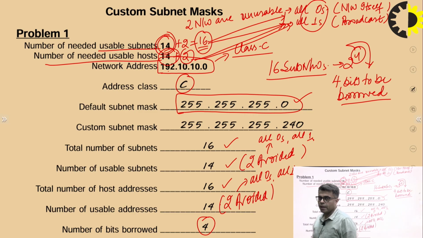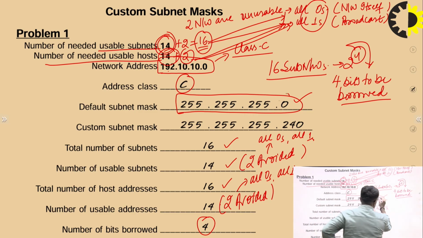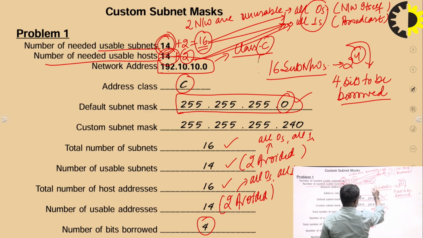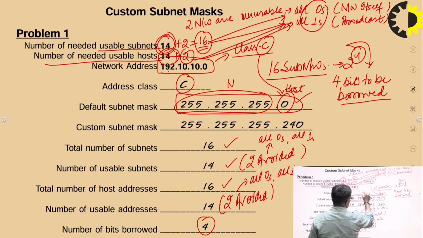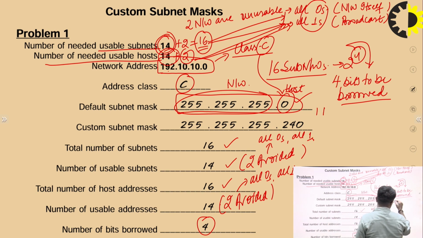And if 4 bits are to be borrowed, then from this 0 part, these are going to be borrowed because it is a class C. In class C, this is the only host part, and this is the network part. I cannot touch the network part to create subnets. So from this host part, there are 4 bits which are being borrowed and 4 bits which are being left.